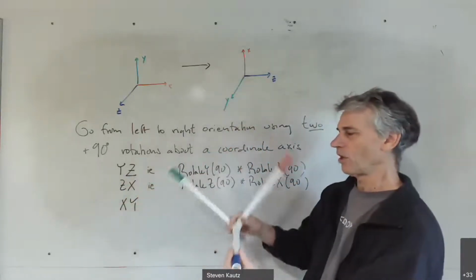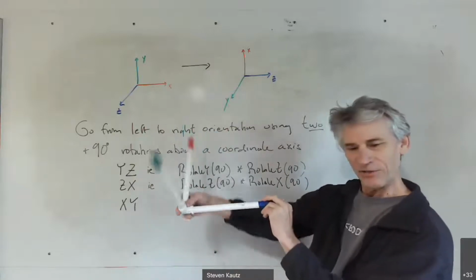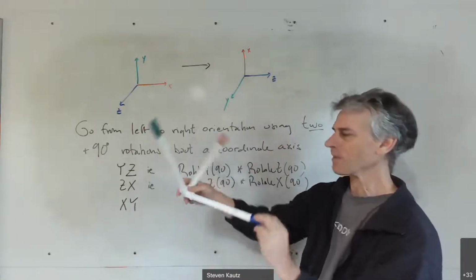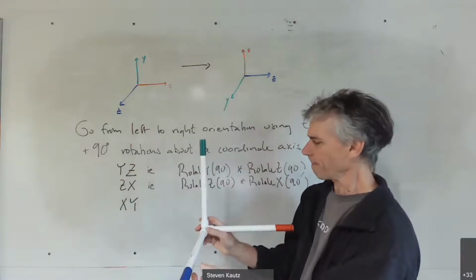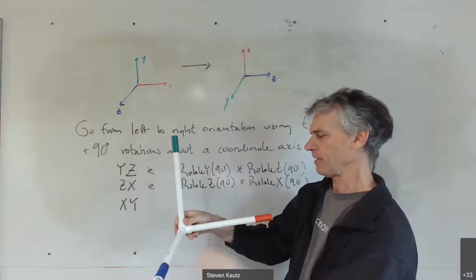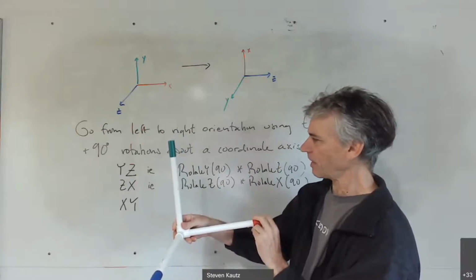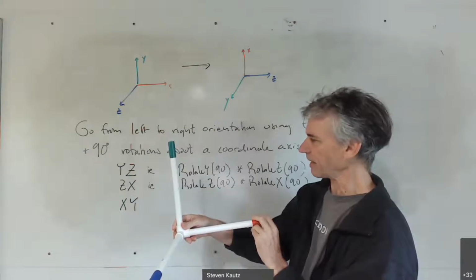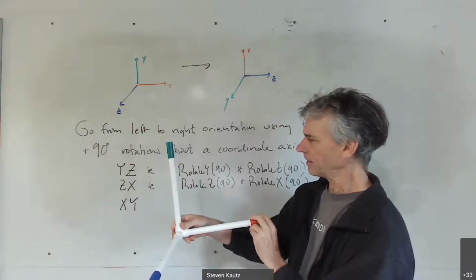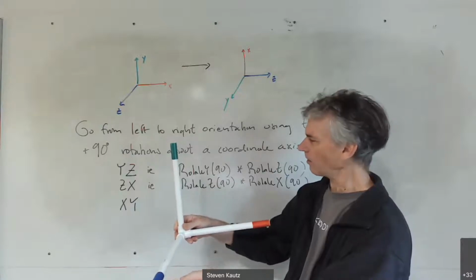In other words, y and then intrinsically z would be another way to do it. And let's see. So we've got it starting with y, starting with z, and starting with x. And I think that might be all of them, right?